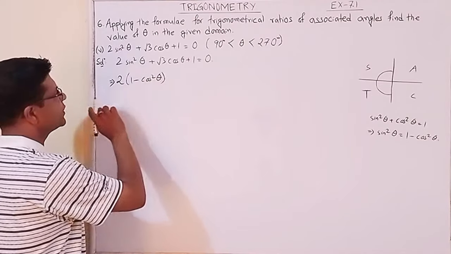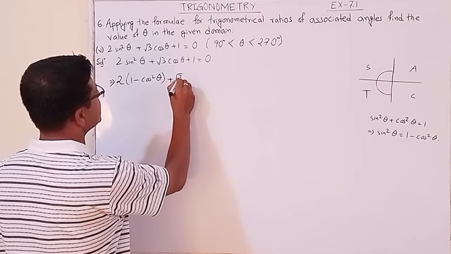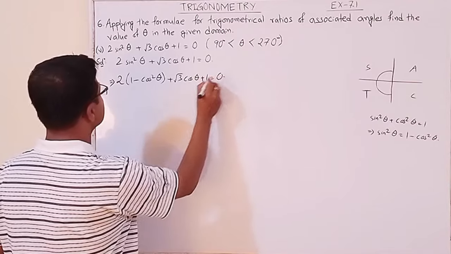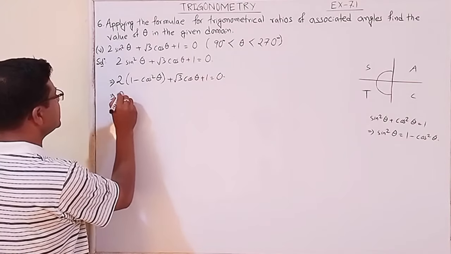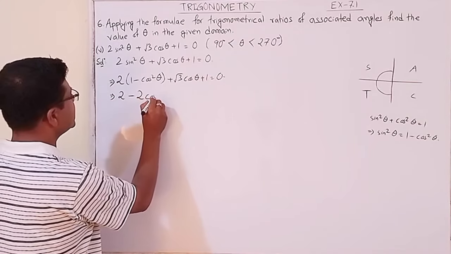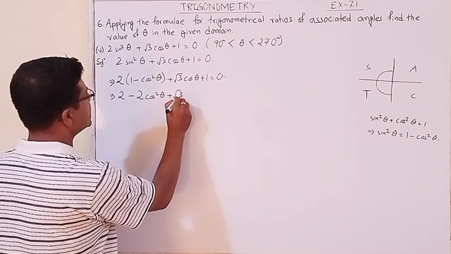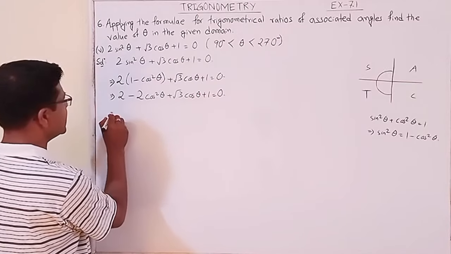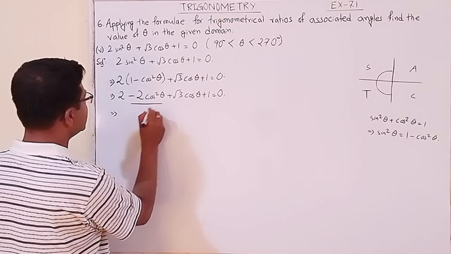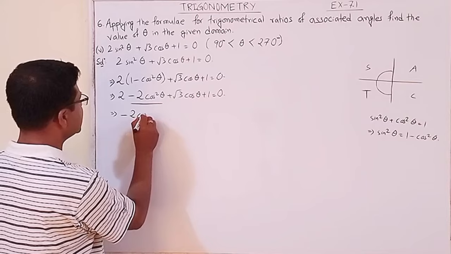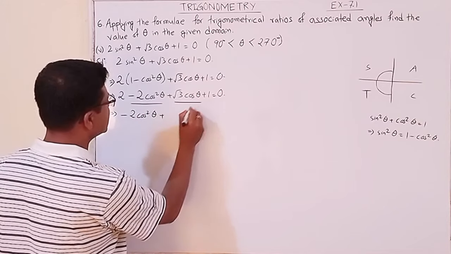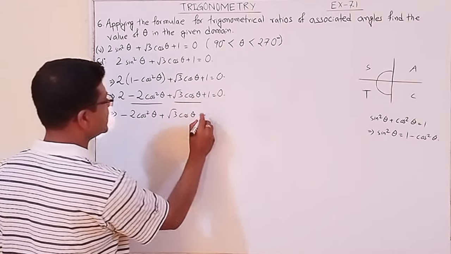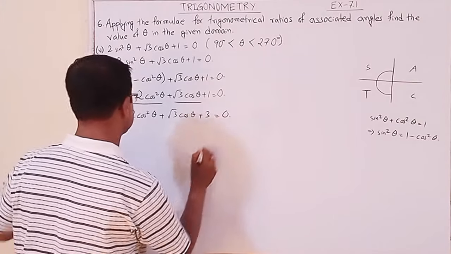Earlier also we used this formula, plus root 3 cos of theta plus 1 is equal to 0. Let us simplify it further. 2 into 1 is 2 minus 2 cos square theta plus root 3 cos theta plus 1 is equal to 0. Now at first this term, let us write minus 2 cos square theta plus this term root 3 cos theta plus then 2 plus 1 is 3 is equal to 0.